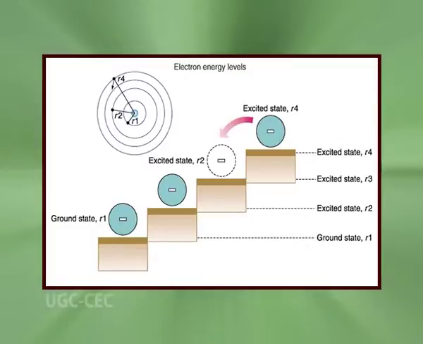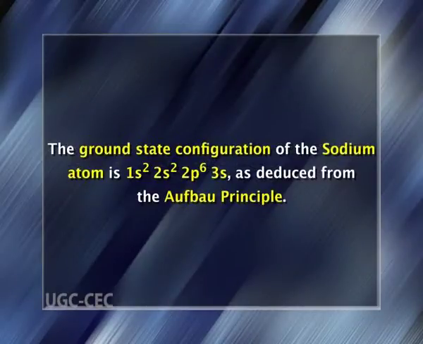The configuration that corresponds to the lowest electronic energy is called the ground state. Any other configuration is an excited state. As an example, the ground state configuration of the sodium atom is 1s2, 2s2, 2p6, 3s, as deduced from the above principle.